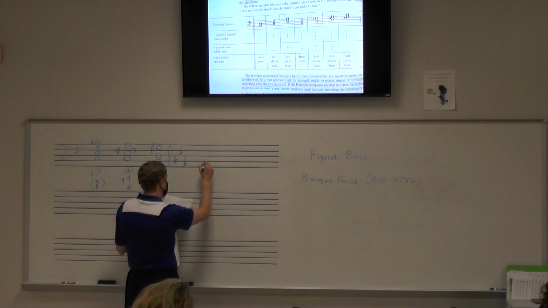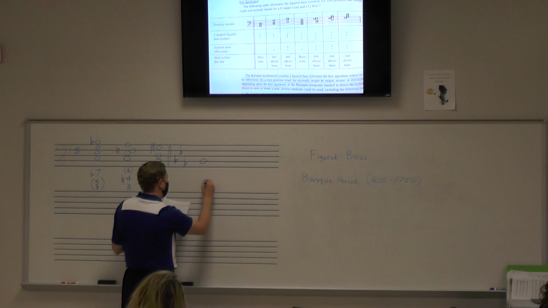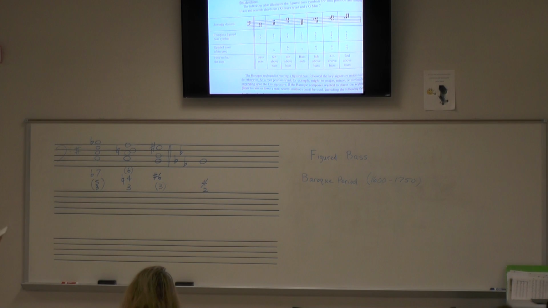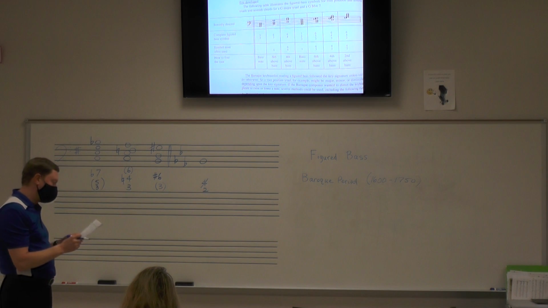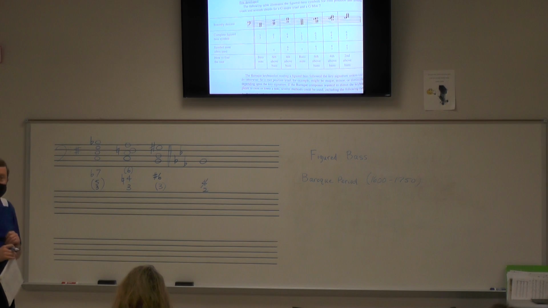So let's take a look at something like this. Here I've got a B flat in the bass, and a slash through a number. A slash through a number means to raise that note a half step higher than what the key signature normally calls for on that note.